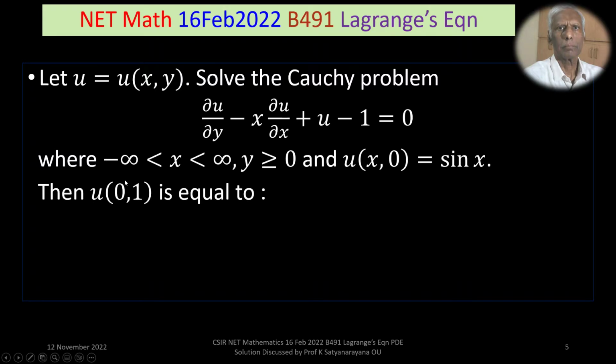Then u at 0 comma 1 is equal to, we are given 4 options.